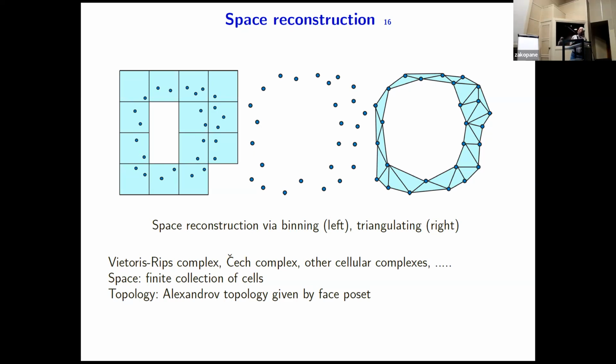Again, I do not go into details because you mostly are safe using the topology inherited from R^n. And the only reason I mentioned this Alexandrov topology is that I'll start introducing this combinatorial topological dynamics in a moment, and certain definitions will be very analogous to classical ones, but some features will be very different.